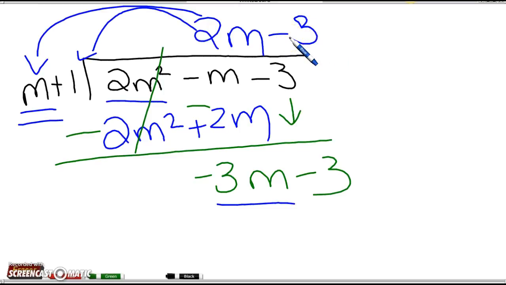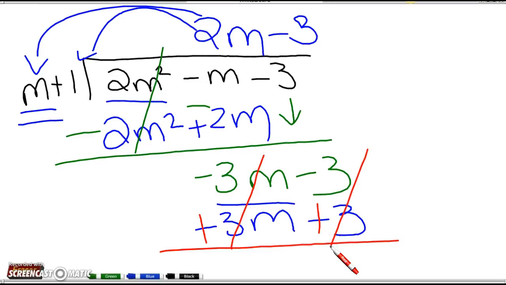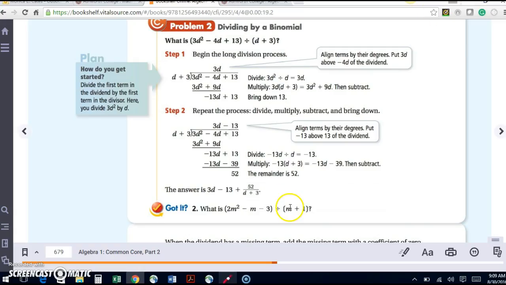Minus 3 times m gives me minus 3m. And minus 3 times 1 gives me minus 3. So again, I'm going to subtract so that my signs change. And everything crosses out, so there's no remainder. So my answer is 2m minus 3. I hope this helps.